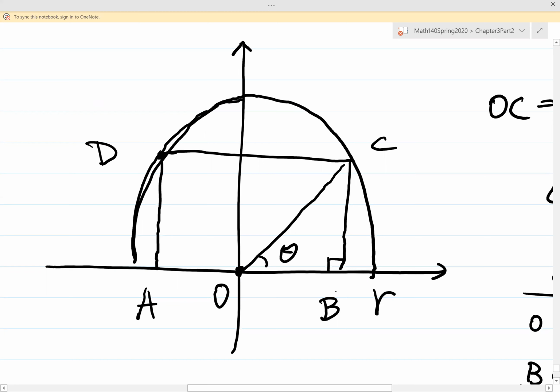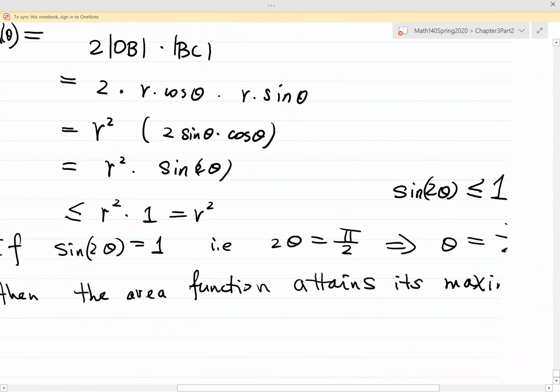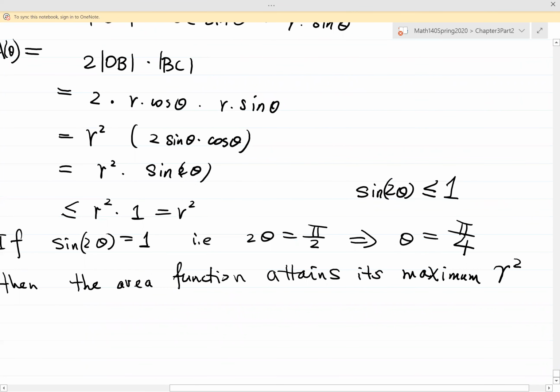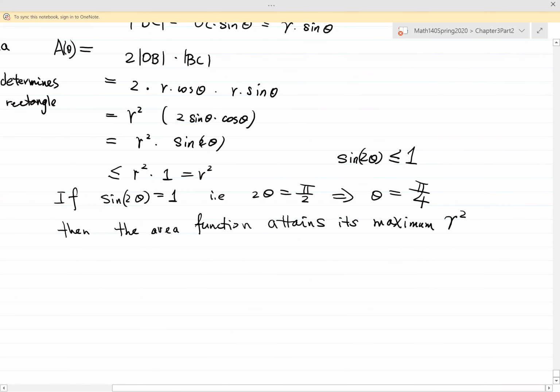In the first quadrant we get a square, and in the second quadrant we also get a square. So these are the conditions when this function achieves its maximum. Okay, any questions?